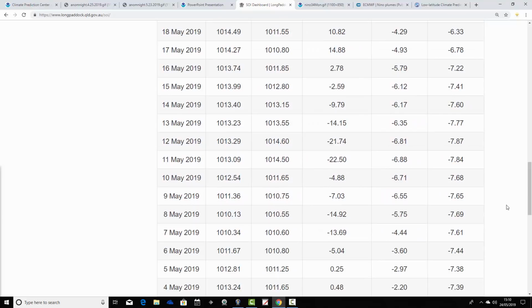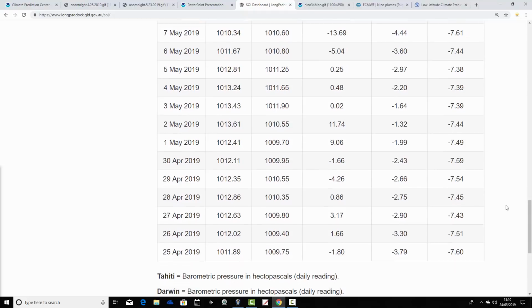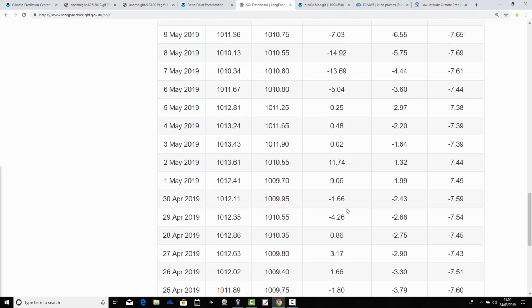Now, we are swinging at the moment between negativity and positivity. So if we go down to the beginning of May, that's May the 1st just there, at that point we were positive with the SOI at 9.06, and the 2nd of May even more positive at 11.74. So that's an atmospheric state that's reflective of a La Nina event.